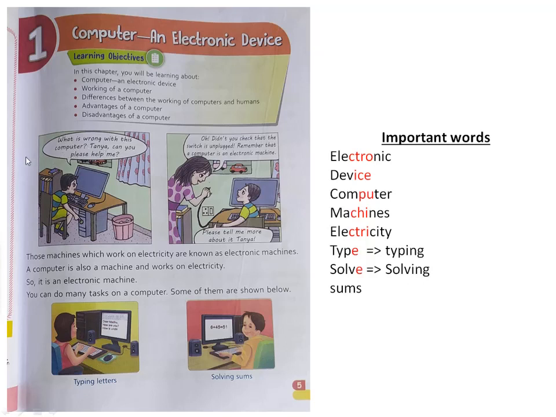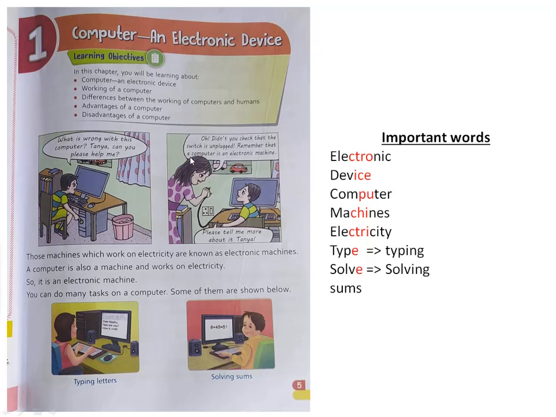What is wrong with this computer? Tanya, can you please help me? Now she is Tanya. Oh, didn't you check that the switch is unplugged? Unplugged means it is removed from its plug.